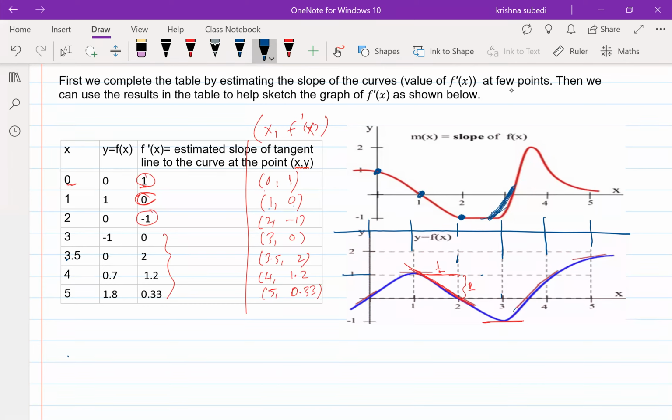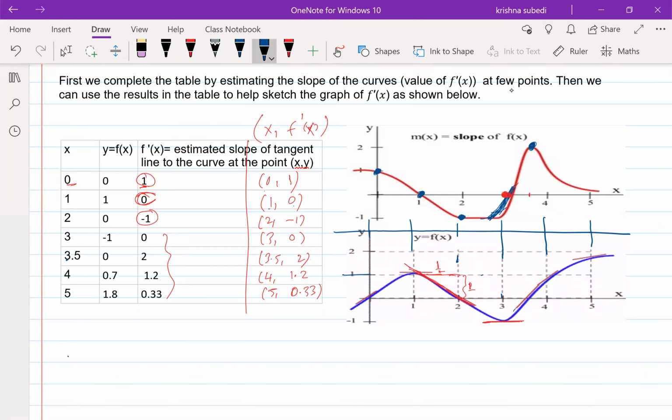So this is the point. When x is 3, your slope is 0, right there. And when x is 3.5, your slope is 2, so that is the point 3.5 and 2 right there.